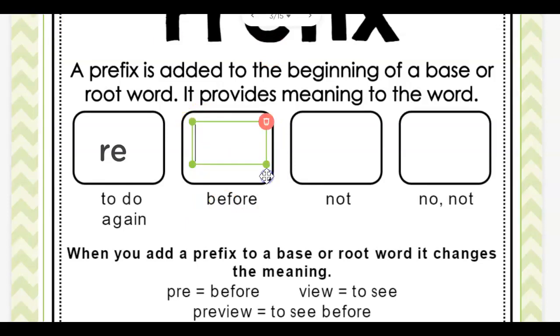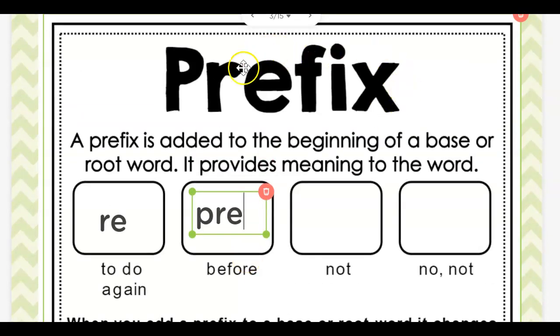The second prefix we're going to look at is pre. So maybe you pre-bake something in your oven. You bake it before you finish baking it. Prefix is actually a prefix in itself.